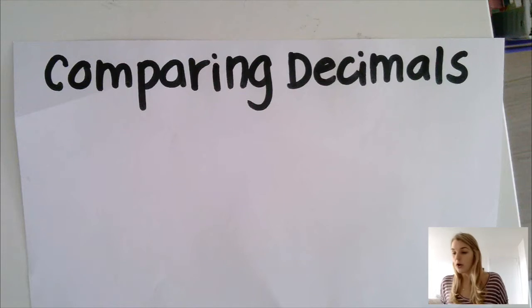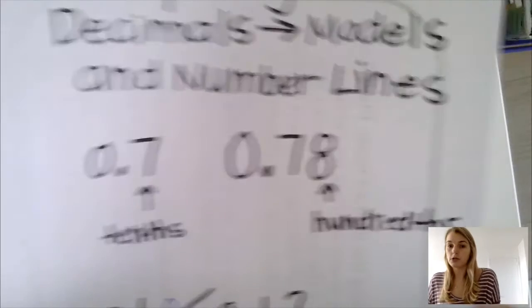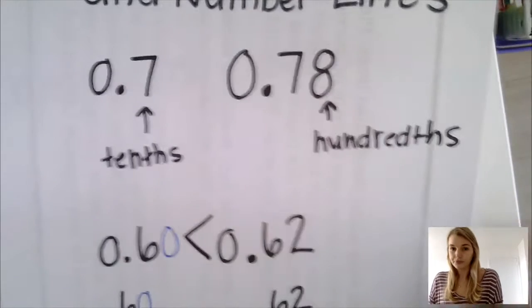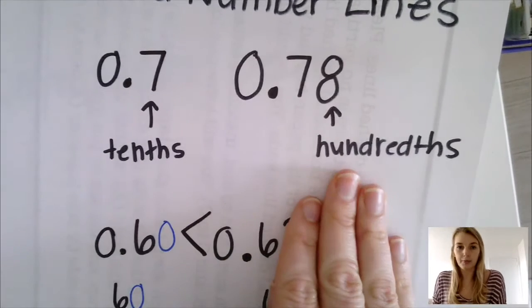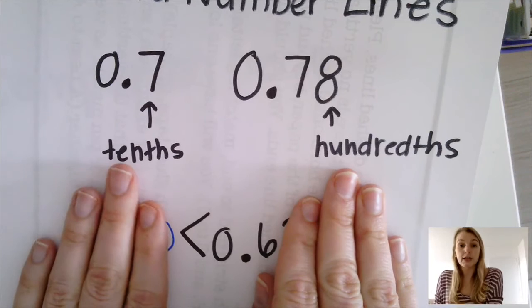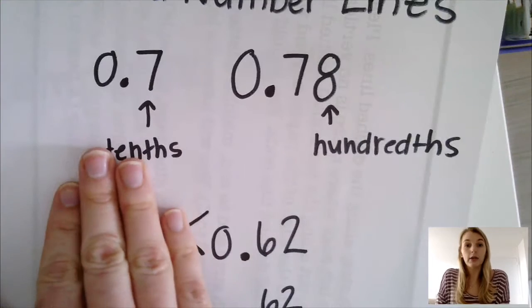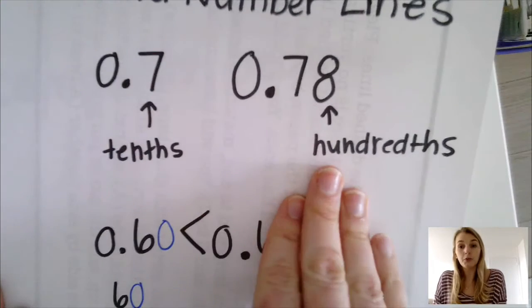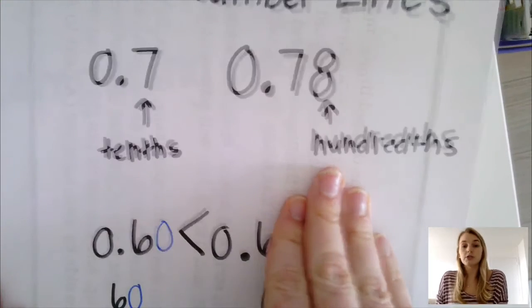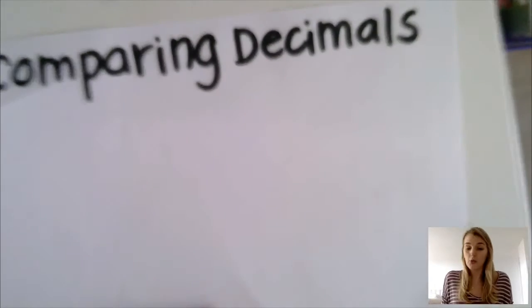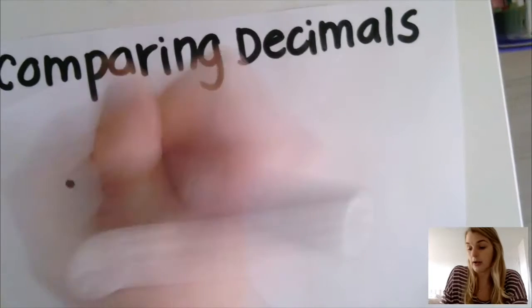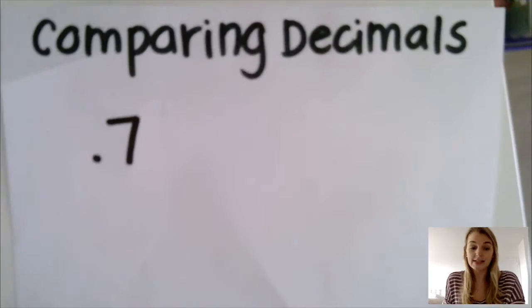Now, this is what we worked on yesterday when we were talking about comparing decimals. I gave you this example of 2 different decimals. In this one, we had tenths, and in this one, we had hundredths. So just remember, as a quick review, let's say we have 7 tenths.